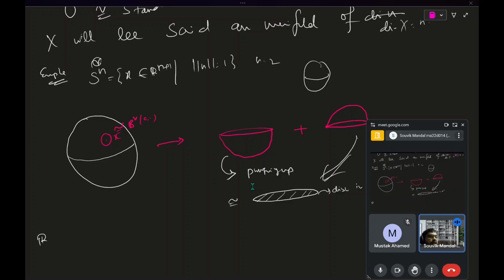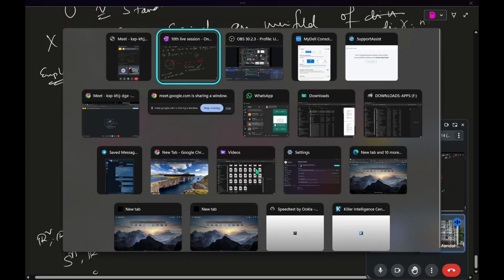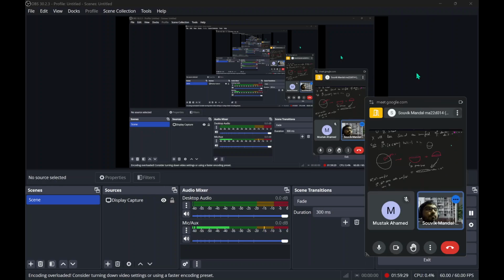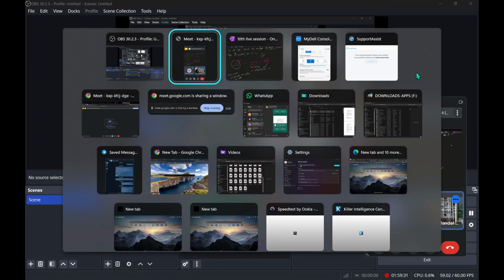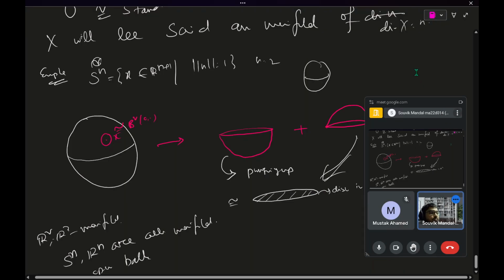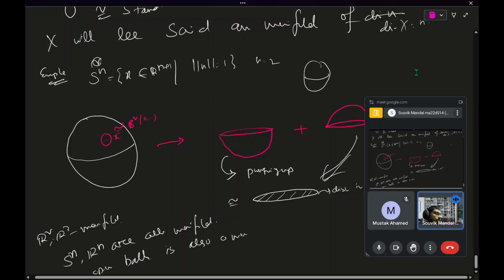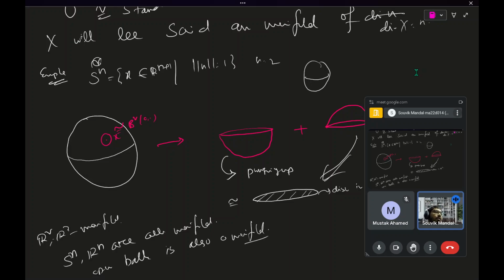So sphere S^n, R^n, all are manifolds, and of course any open ball is also a manifold. Okay.